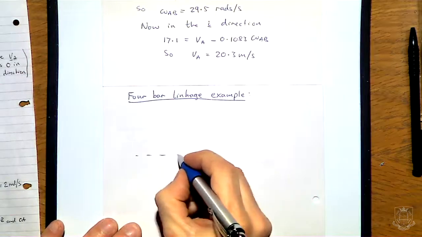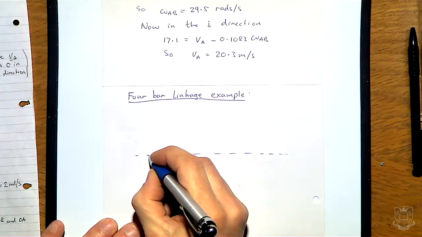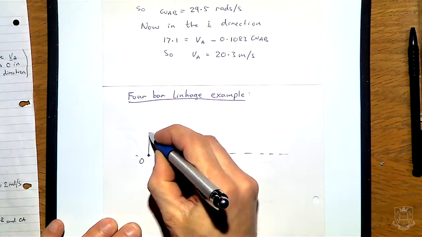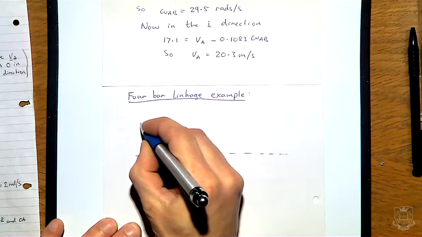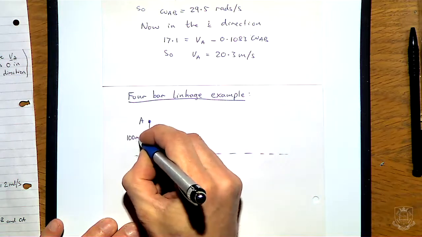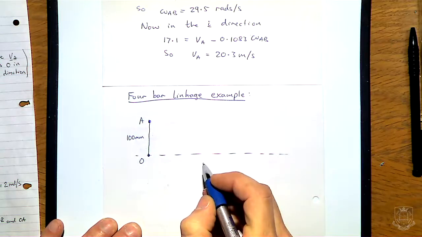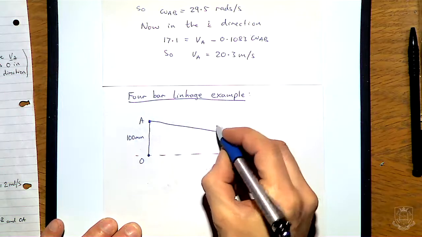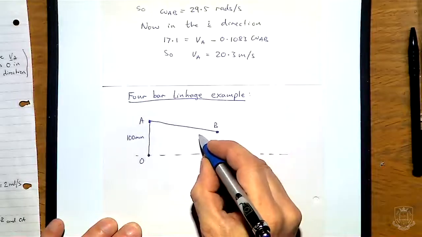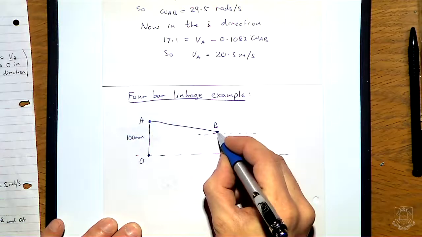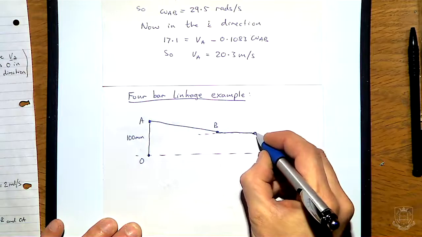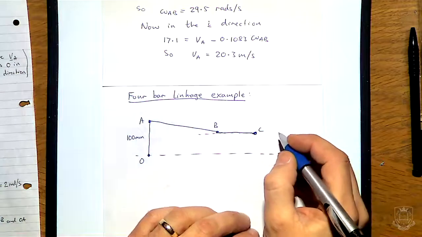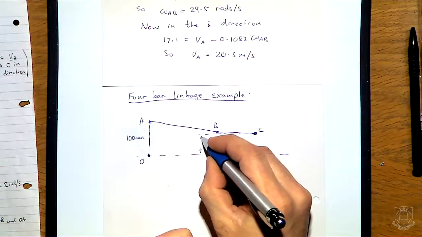So in this case, the situation we've got is we've got a point here which we call the origin, and then we've got a vertical bar going up to a point A, and that distance is 100 millimeters. And then this bar slopes down to another point here, which is point B. And then we have a bar along here into point C. Okay, so this distance in here, it's not drawn to scale, that's supposed to be 50 millimeters.